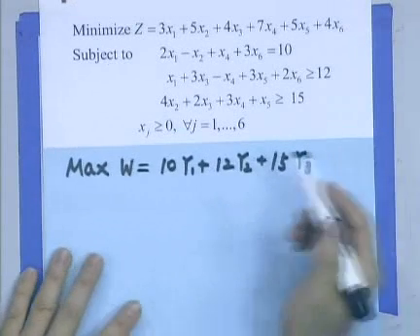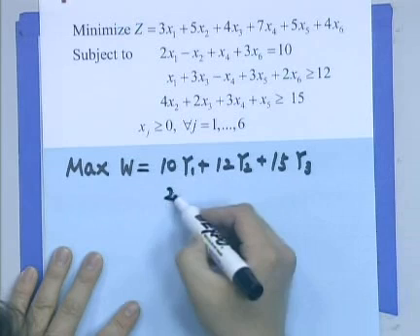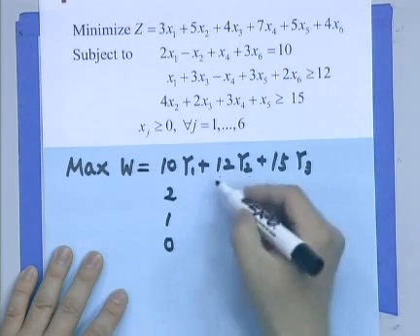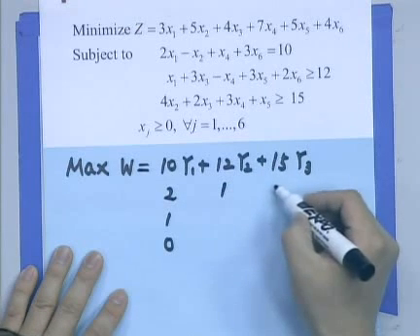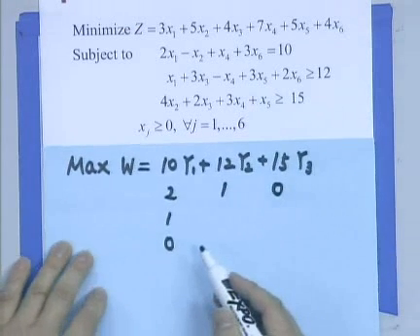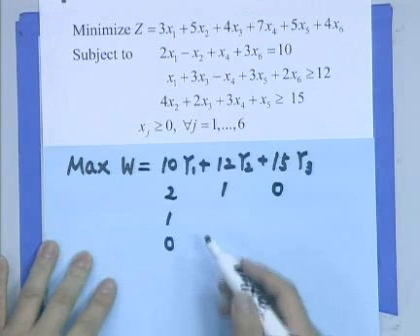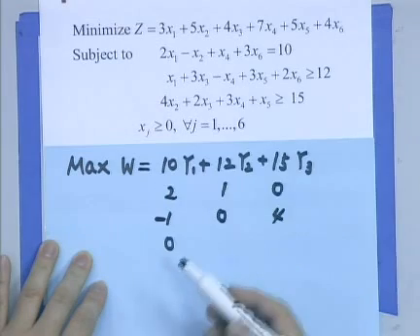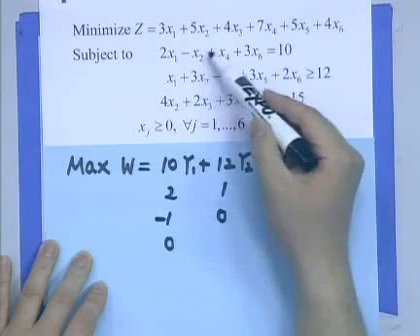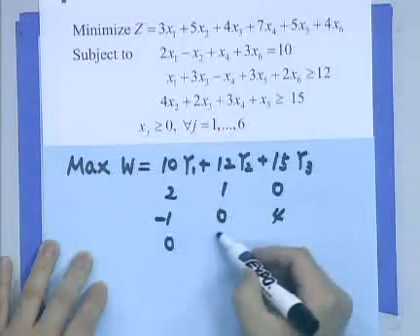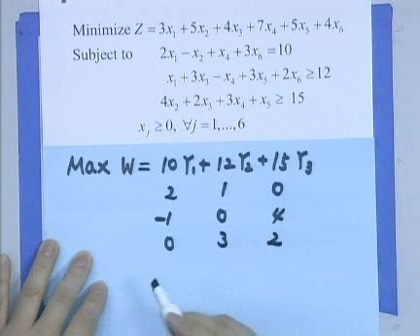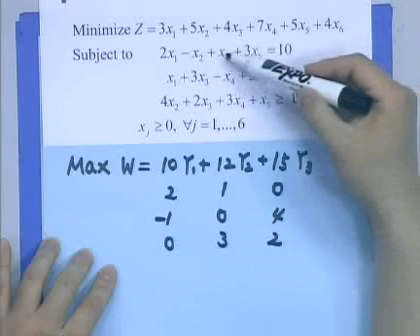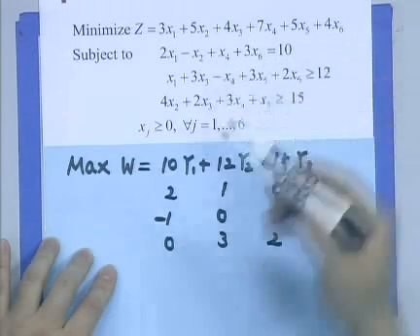And it's going to be 2, 1, 0. Oops, I'm sorry. 2, 1, 0, this way, right? And negative 1, 0, 4. The third column is 0, 3, 2, right? The x4 column is 1, negative 1, 3, right?